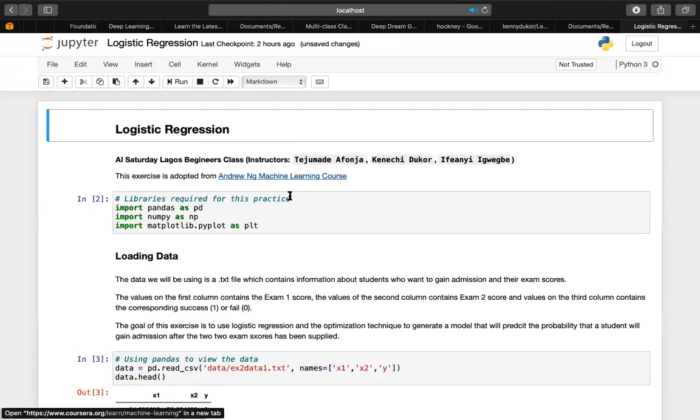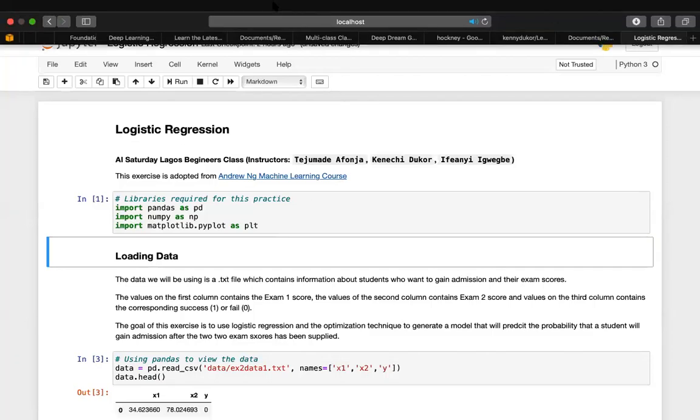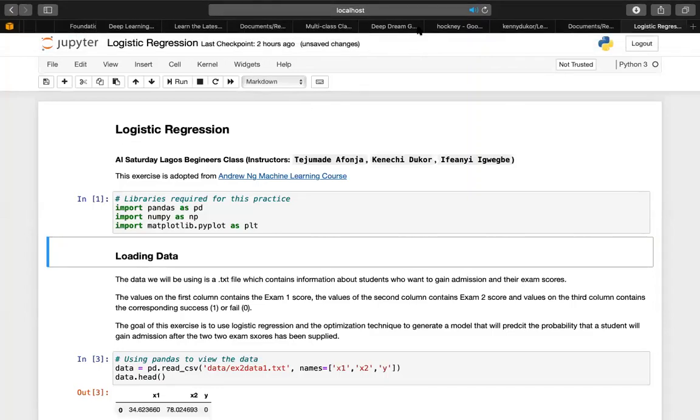I think it should work fine now. Okay, I guess everyone can see my screen.